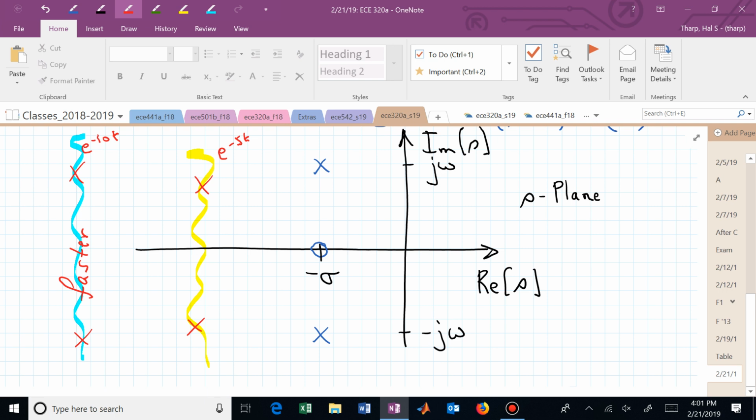If you plug in the same t value, let's say t equal to 1, we're now looking at e to the minus 5, which isn't very big, but e to the minus 10 is even smaller. And so after 1 second, the blue has decayed more quickly, or it's faster than the poles in the yellow.